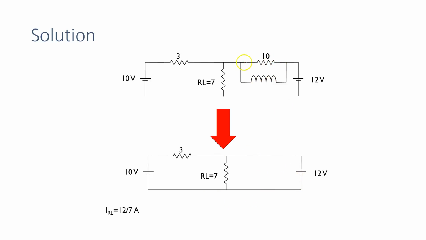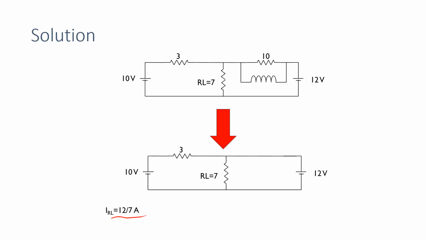So in this case, I have the inductor across this resistor. When it becomes a short circuit, it short circuits the 10 ohm resistor. And then I just have 12 volts over 7 ohms, so that will be my current. If I have mixtures of capacitors and inductors, I just have to substitute them for open circuits and short circuits, as the case may be, and then I go about solving the DC circuits in the normal way.